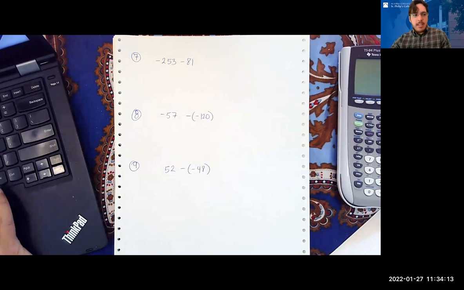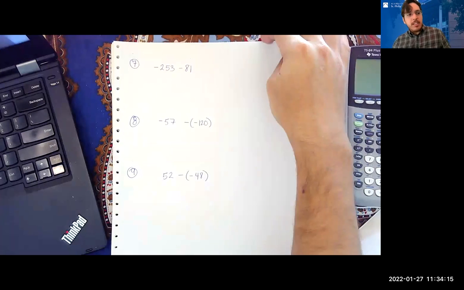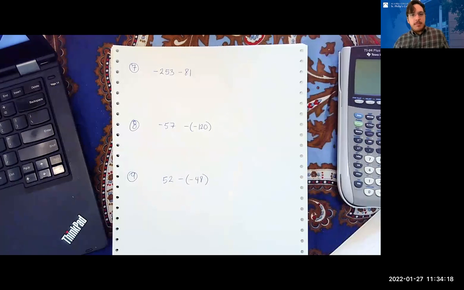Okay, are we still working on these? I have a few people that have typed in the chat that they're done with them. Is anybody still working on these?